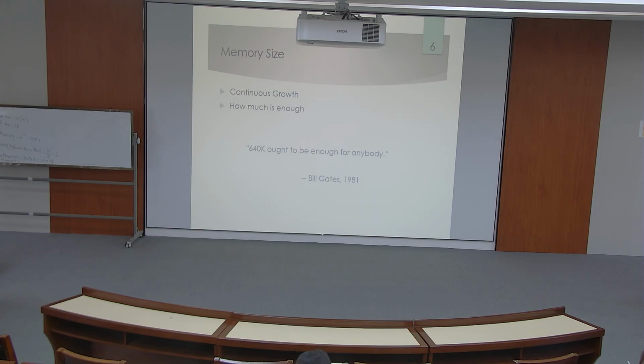But as the software evolved, it quickly became a painful constraint, which means that as the software evolved, there is a need of higher memory size, to accommodate the new software.